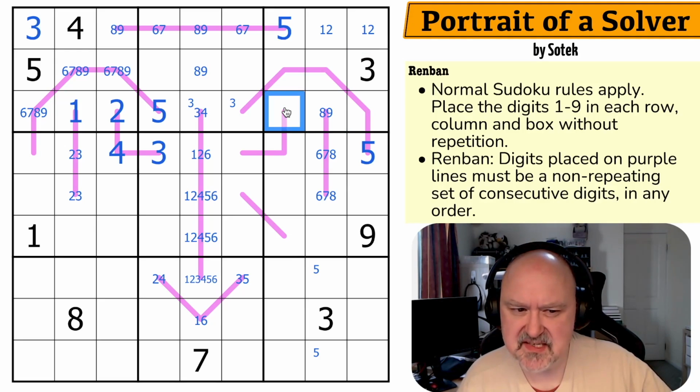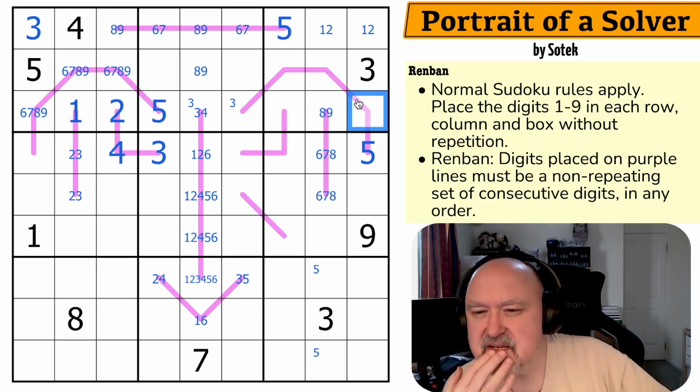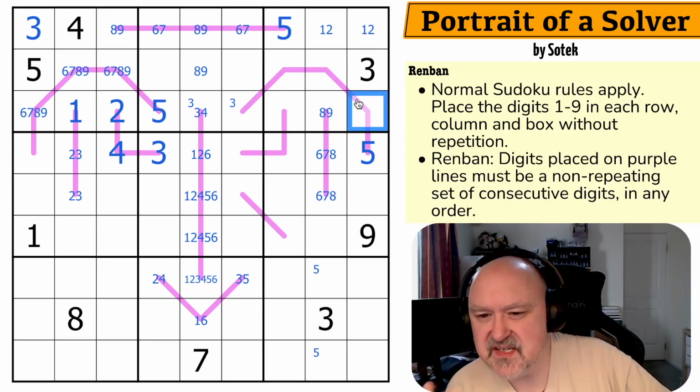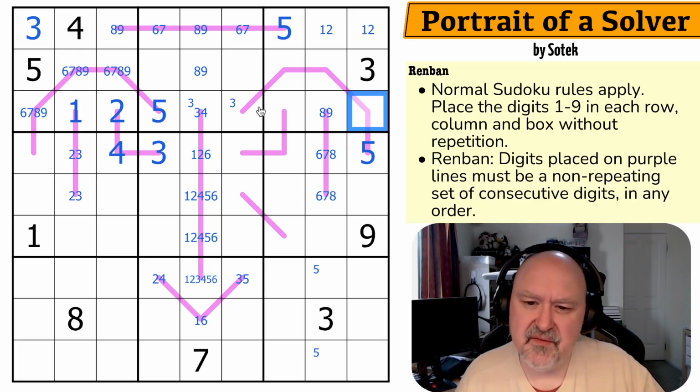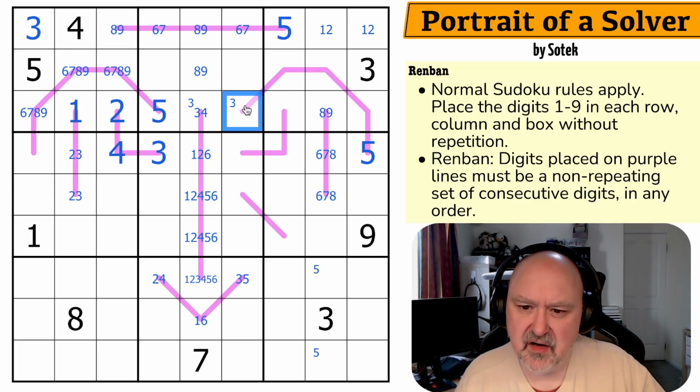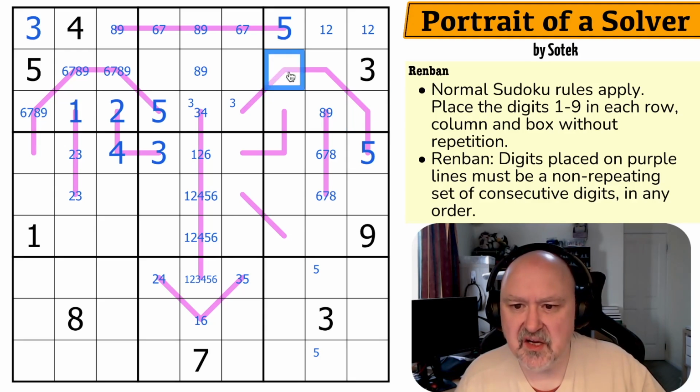If this was a 7, I think I'm missing something obvious about this line, because they're 4, 6, 7, 8, 9. If this was 6, 7, 8, 9, that digit can't go on this line.